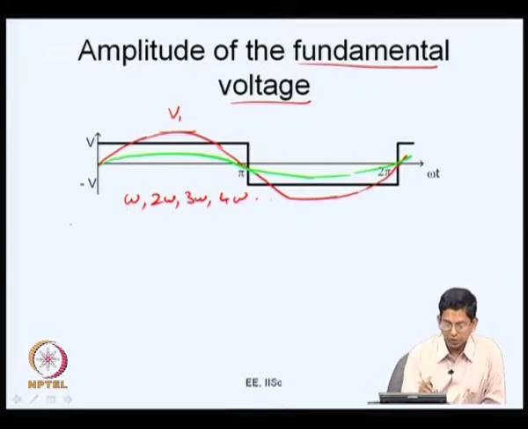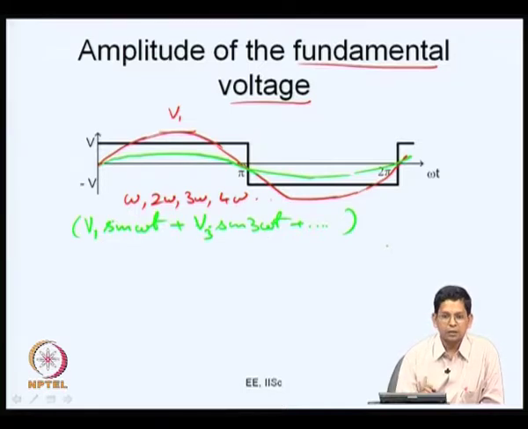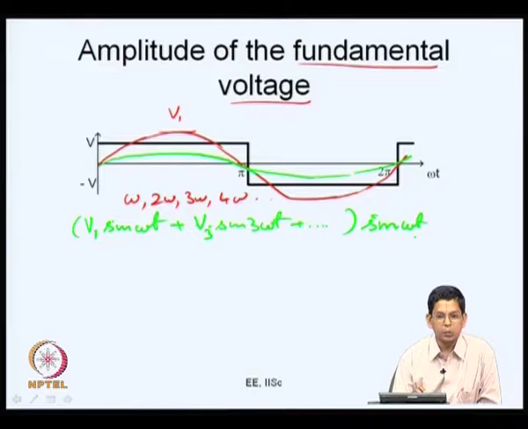Now, this waveform in question has several components. Let me write them as V1 sin omega t, for example, plus some other, let us say V3 sin 3 omega t plus so on. It has all these various components. Now, if I multiply this by sin omega t, what happens?